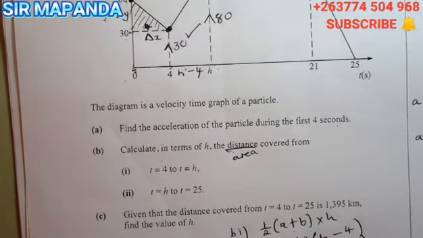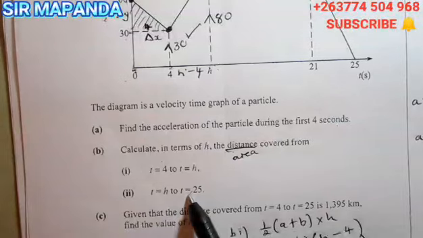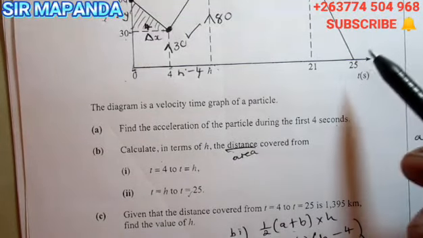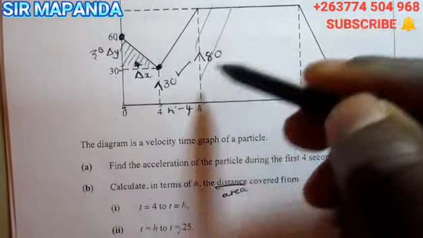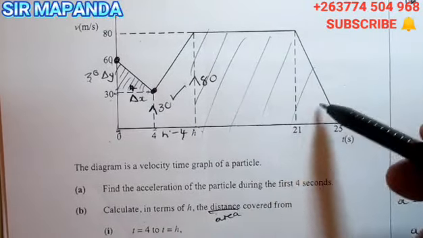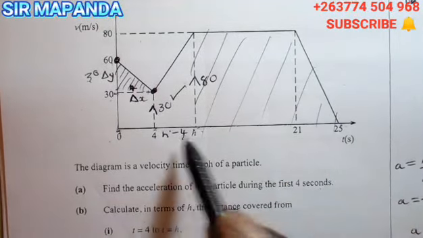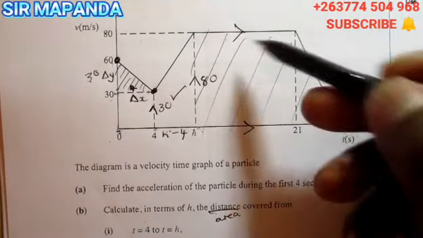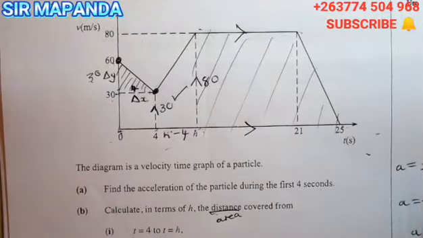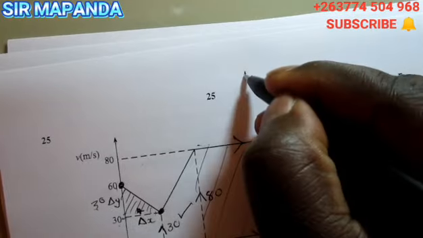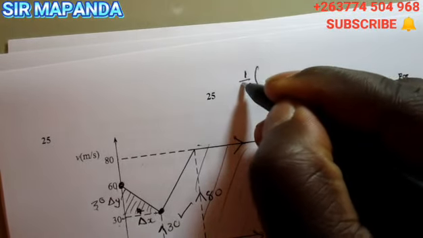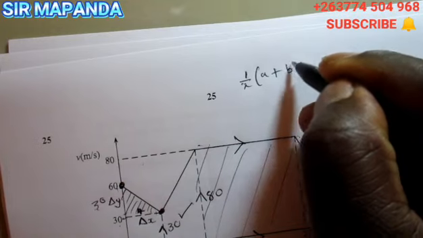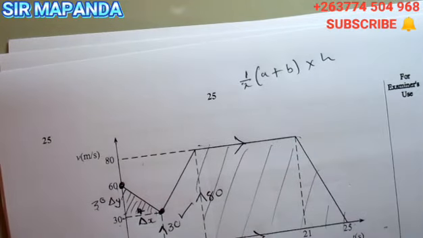Find the distance covered from h to 25. So from h to 25, they are representing this shape. It is also another trapezium, where this side and this side are a and b moving in the same direction. So you are going to do the same working. Half (a plus b) times height is the formula.